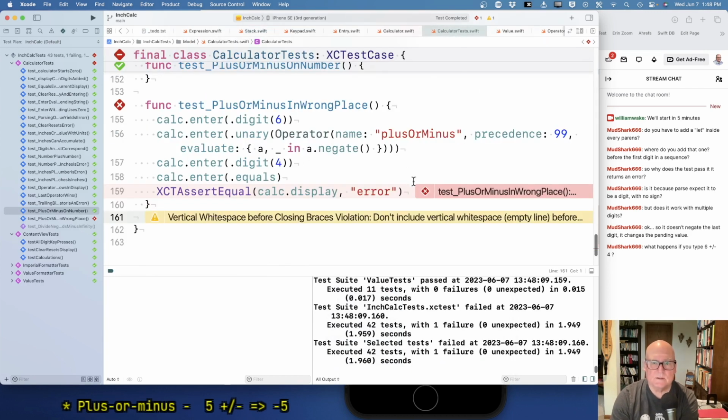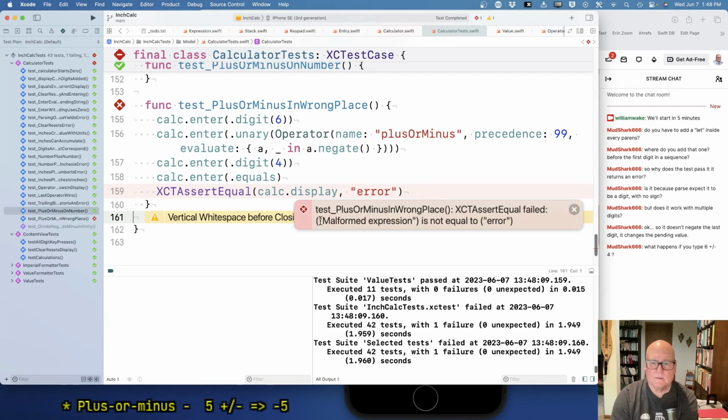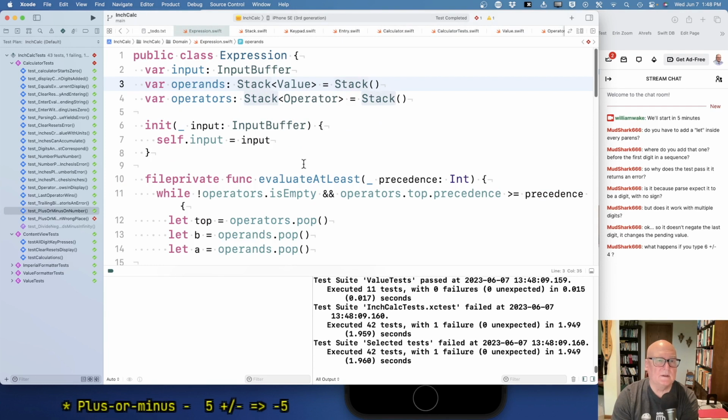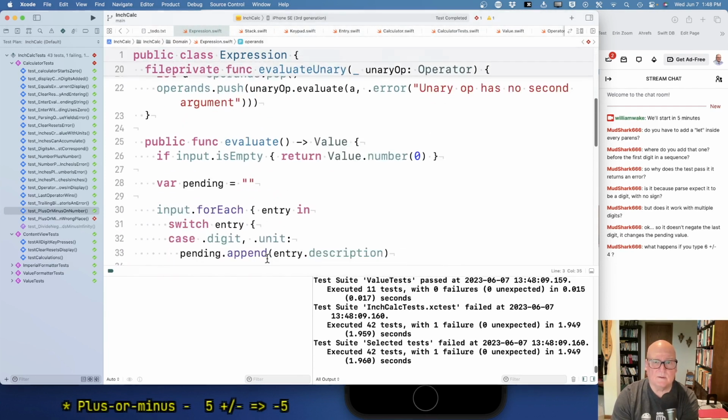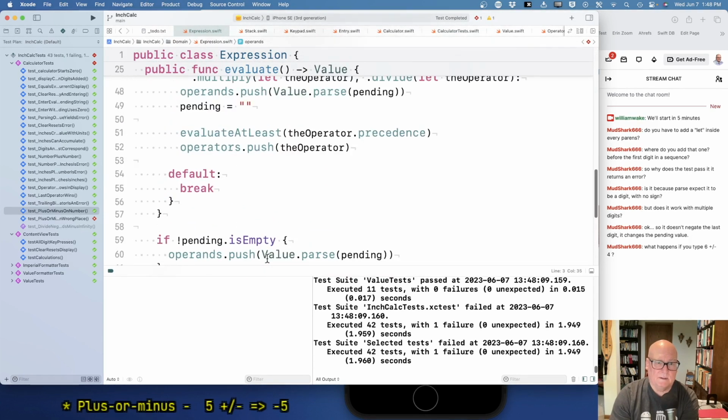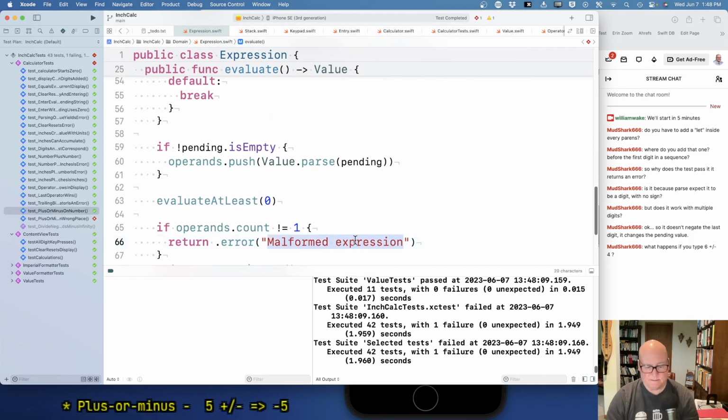Okay, and this should just be a message issue. Right. Okay, let's get a better message. What's the error? Let's see. The error is, well, it's kind of like missing operators or something.